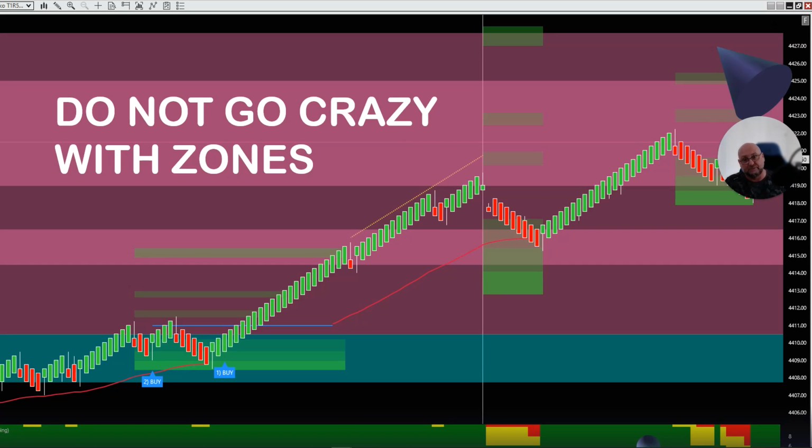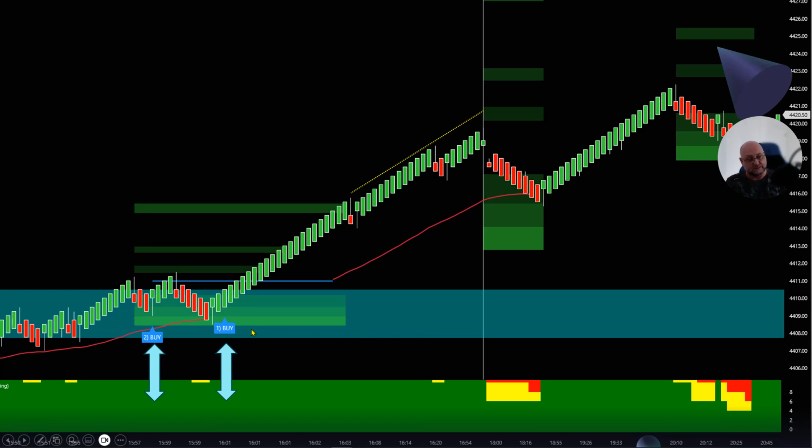It's a very fast time frame, and sometimes those 60-minute time zones, as you can see, these zones on the 6-minute in pink are absolutely massive. You're going to be trading within that zone, so they're not really going to affect you. Sometimes they can be quite small and quite effective, but in this case you just need to switch them off.